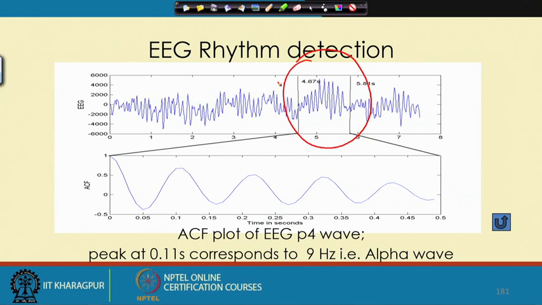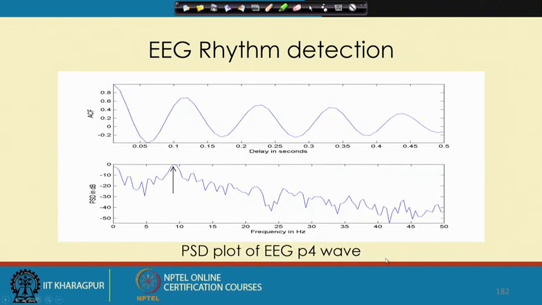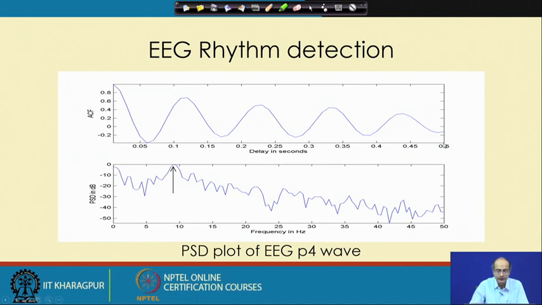The autocorrelation coefficients also tell us that we get a repetition of that wave, we get high peaks, so our alpha wave is present in this signal. From that autocorrelation coefficient, we can take the PSD and we get a peak at 9 Hz. So, that clearly indicates that we have the alpha rhythm present there.